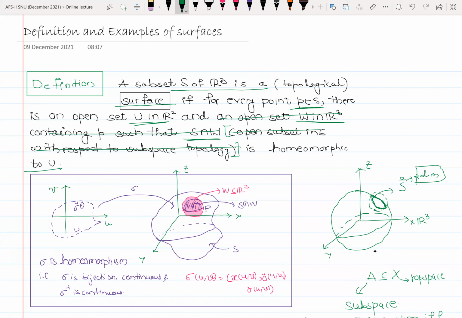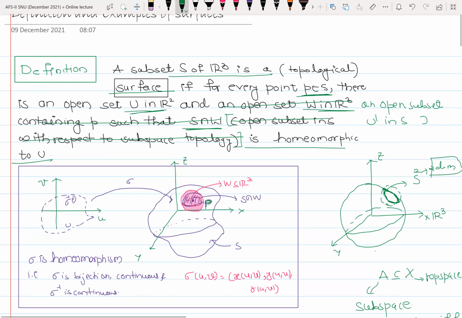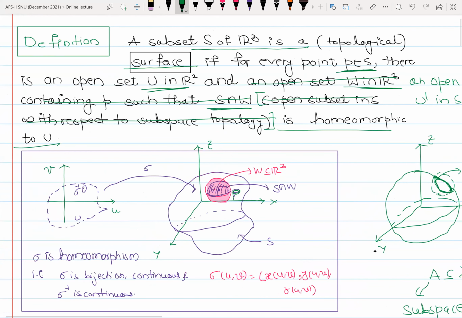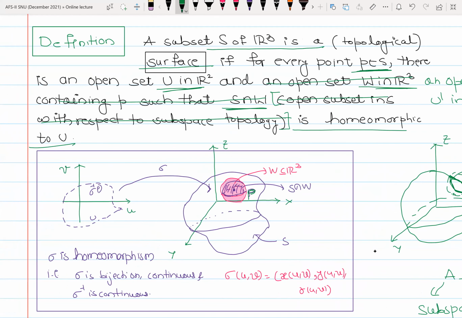We can say that there is an open subset U in R2 and an open subset U prime in S, which is homeomorphic to U. So just consider it like this: for every point P, I'll have a neighborhood of P inside S which will be homeomorphic to some open subset inside R2.